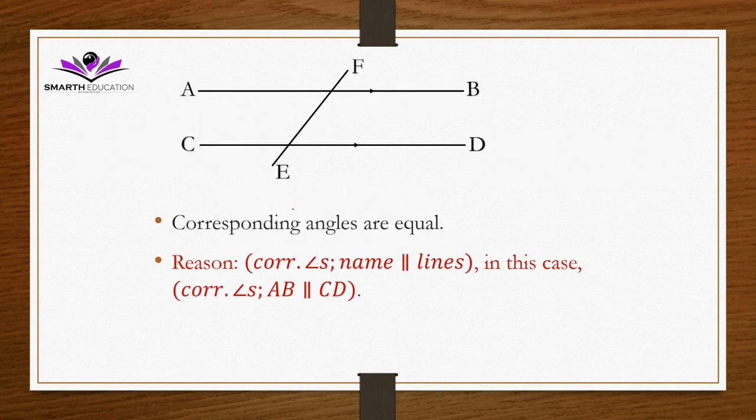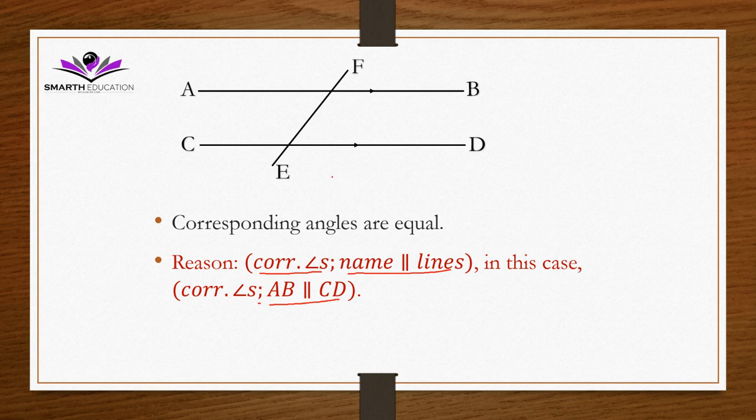Now, corresponding angles are equal. Just know that. And then the reason we say corresponding angles, and then we write the names of the parallel lines. So in this case, we say corresponding angles since AB is parallel to CD.